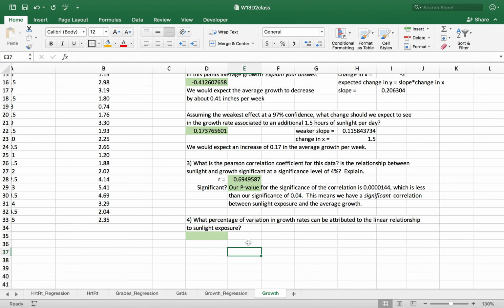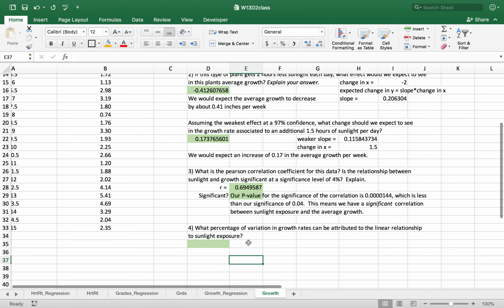Now in our final question, and then I'm gonna plot this as well just for good measure. In our final question, we ask what percentage of the variation in these average growth rates can be attributed to the linear relationship to sunlight exposure.